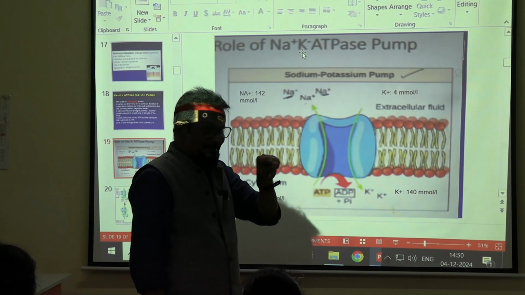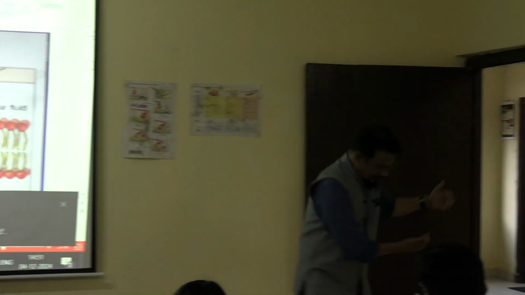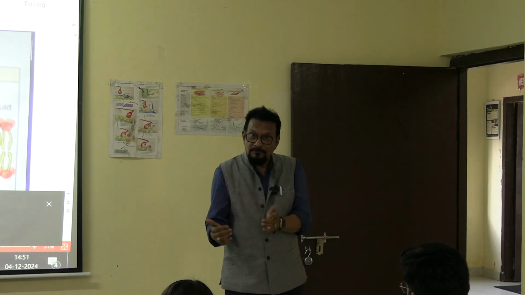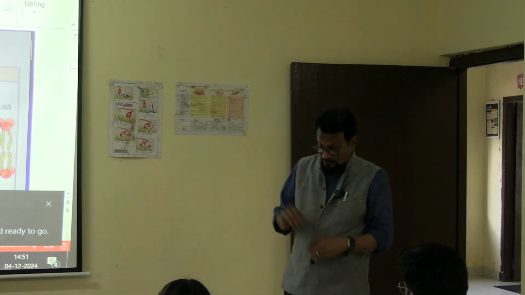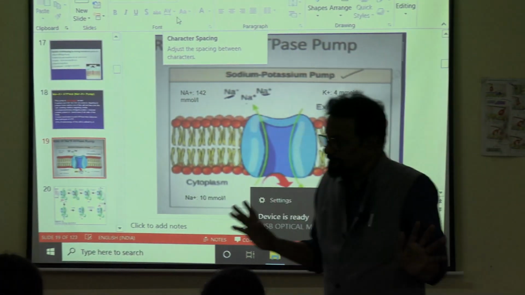Because of some certain change on the membrane, some sodium ions from outside entered into the cell, and taking this scope, potassium inside is more, so it went out. Then it said, no, you are not allowed.